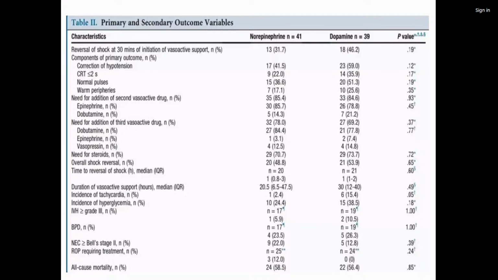In the norepinephrine group there was around 31% shock reversal, and in dopamine 46%, which is not statistically significant, but numerically dopamine looks better, about 15% more than the norepinephrine group.